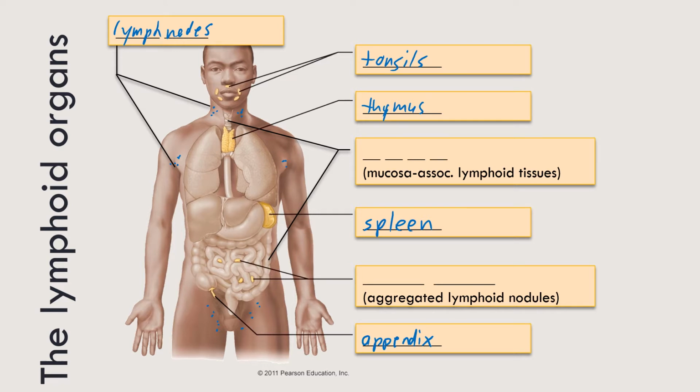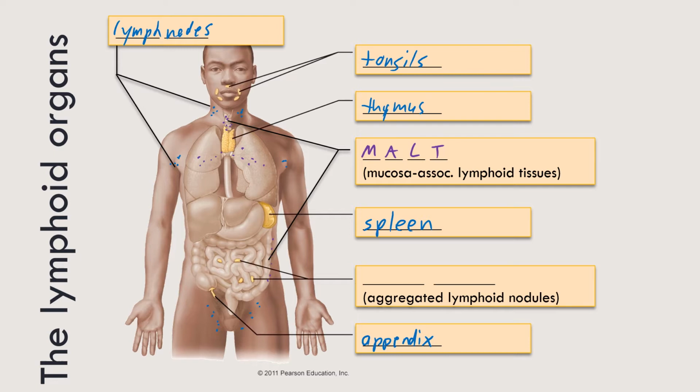There's also a group of tissues known as mucosa-associated lymphoid tissues that are found in a lot of lymphoid organs, or rather in a lot of mucous membrane organs. So your respiratory system, your digestive system, even the mucous membranes of your urogenital tract and the female reproductive system.